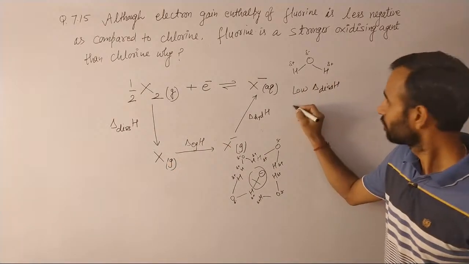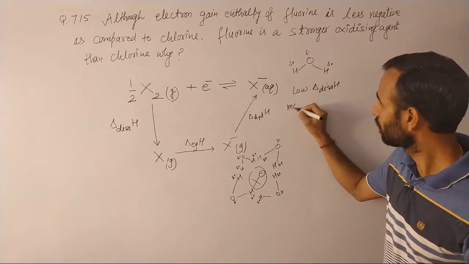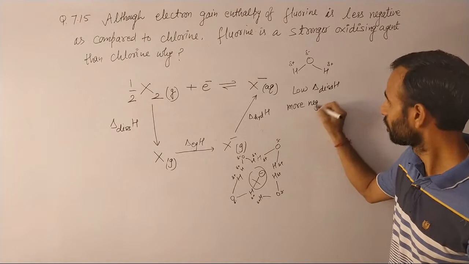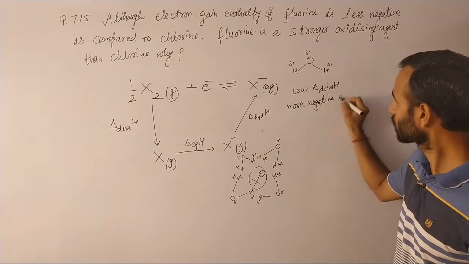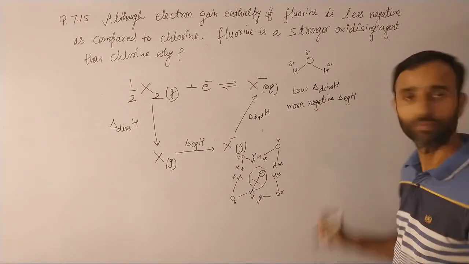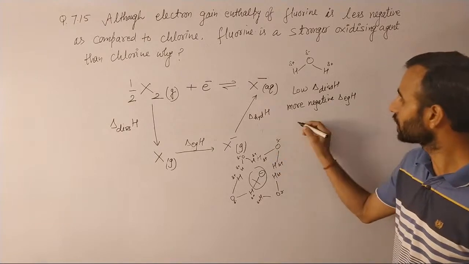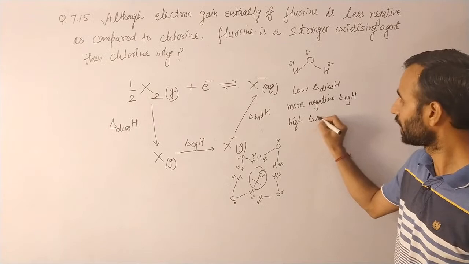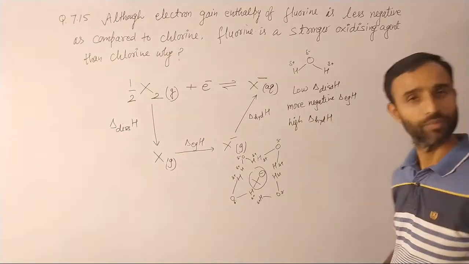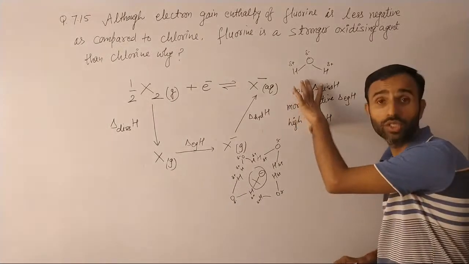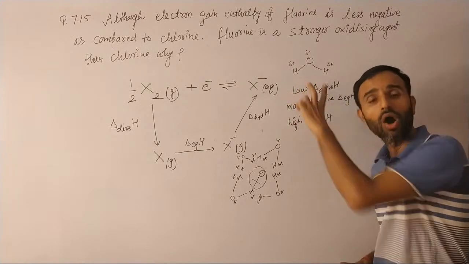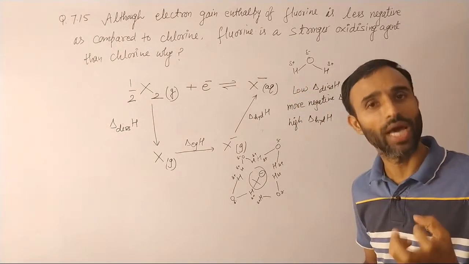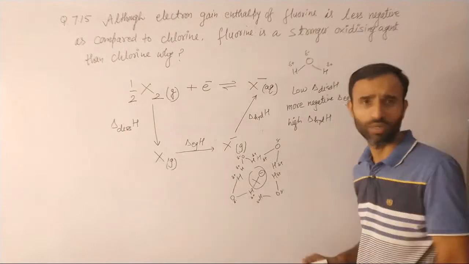Second, more negative electron gain enthalpy, and third, high hydration enthalpy. These are the factors which favor the oxidizing behavior of the halogen, fluorine or chlorine, whatever it is.